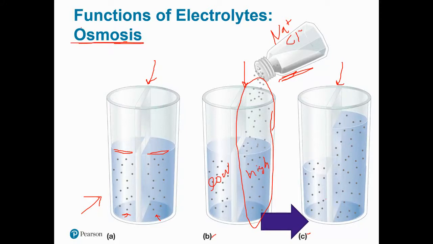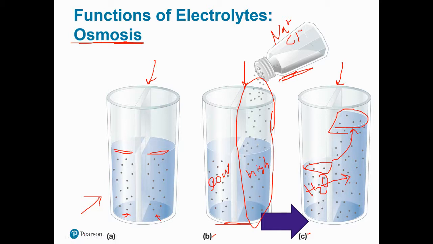So if osmosis is the movement of water from low solute concentration to high solute concentration, where would we expect the water to move? From the left side to the right side, or the right side to the left side? Going from low solute to high solute, water is going to move from left to right, and you can see that represented by this increased amount of water on the right side.